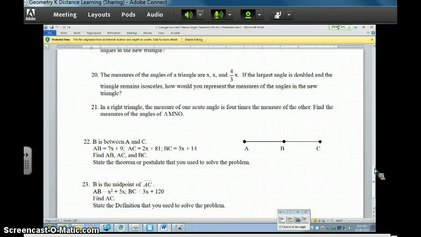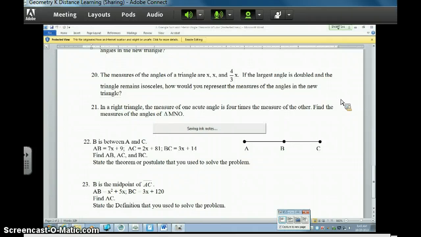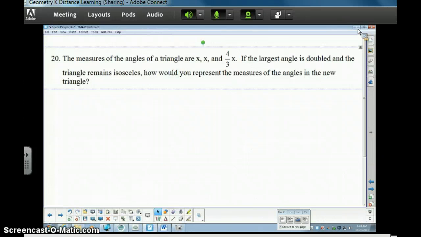The measure of the angles of a triangle are x, x, and 4/3 x. If the largest angle is doubled and the triangle remains isosceles, how would you represent the measures of the angles in the new triangle? Okay, let's capture this. Which angle would be the largest angle? Yeah, the 4/3.